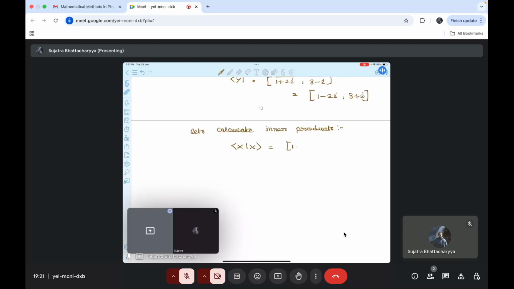This is the x bra notation, 2 plus i, and this will be 1 plus i, 2 minus i. If you do it, it will come out to be 2 plus 5, 7, right?